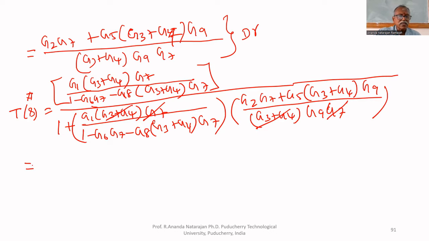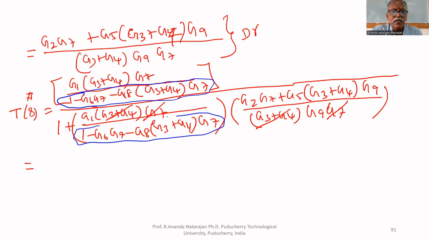Therefore, this is equal to, now what is this part? The denominator part in the numerator's denominator has to be cancelled. To cancel that, we are taking the LCM. LCM means in place of 1, we have to write this.